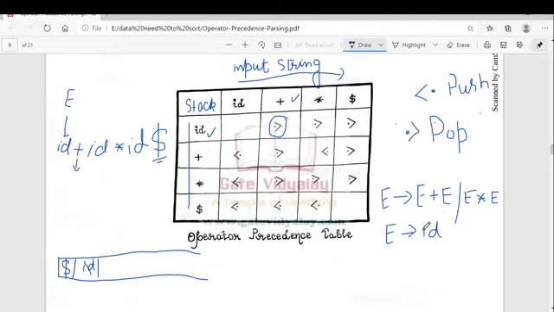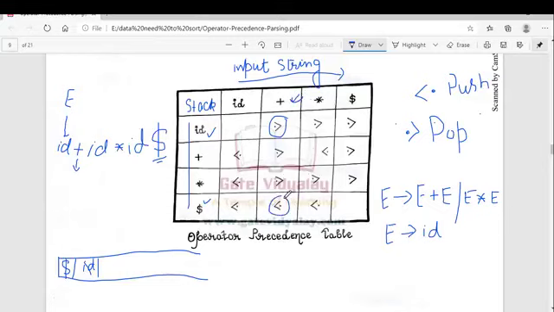So this is our grammar. So I will replace it with its root node, that is e. Okay. Now we again have the dollar symbol on the top of the stack. So I will see over here dollar sign, and second our current pointer is over plus. So what will I get?